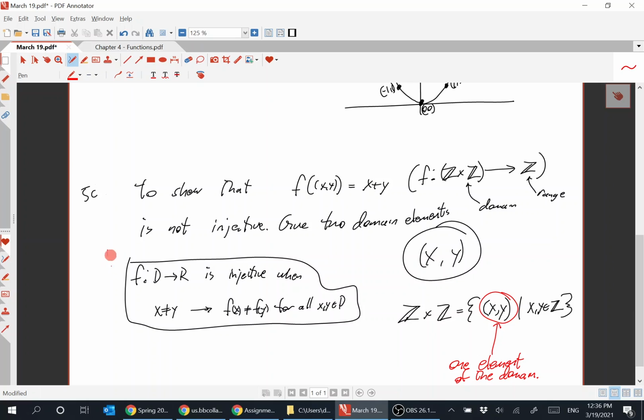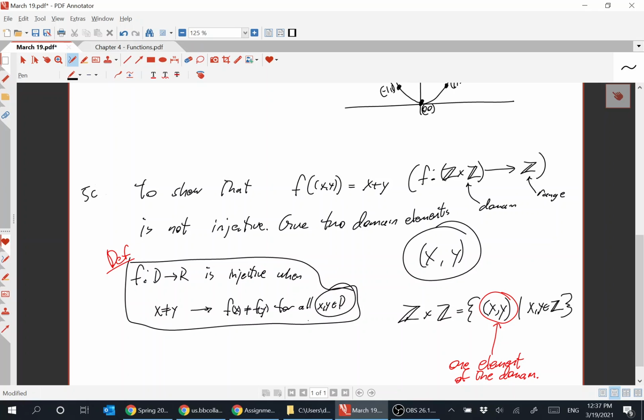Okay, so now here's the definition of injective. So f from D to R is injective when x not equal to y. So this x and this y are different from this x and this y. I'm talking about the same thing here. What are x and y in this definition?